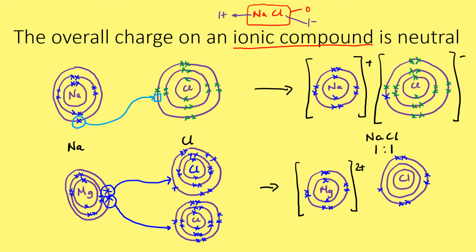It has its original 7 plus the one that it got from the magnesium atom. Alright, it's got a charge on it, so we have to put it in square brackets and give it a 1- charge because it's got 1 extra electron, and we have to draw exactly the same thing again.